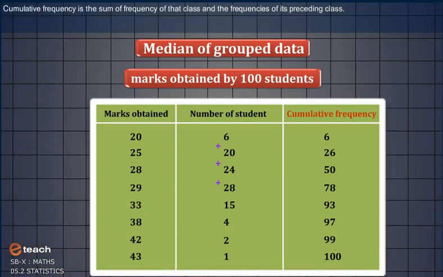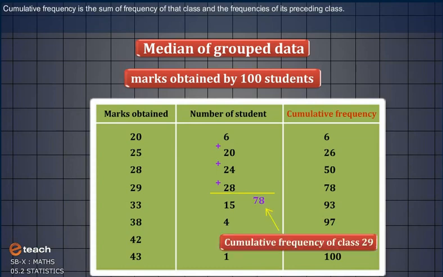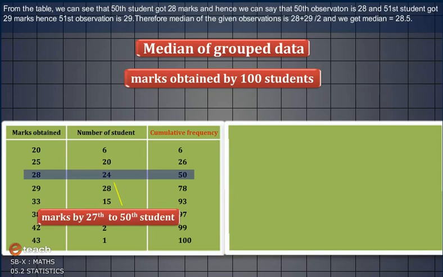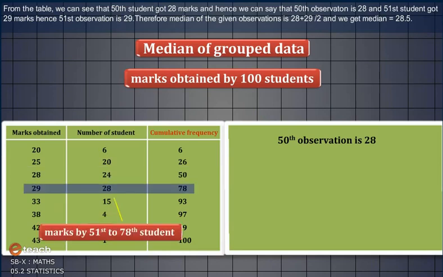Cumulative frequency is the sum of the frequency of that class and the frequencies of its preceding classes. From the table, we can see that the 50th student got 28 marks, and hence the 50th observation is 28, and the 51st student got 29 marks.